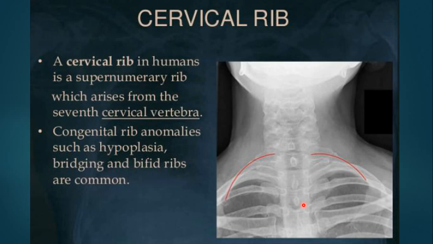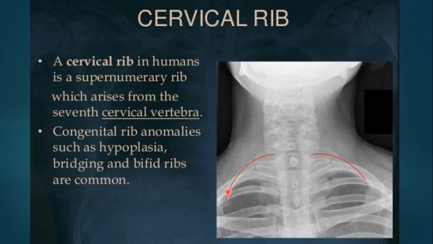Let's talk about cervical rib. What's a cervical rib? A cervical rib in humans is a supernumerary rib. It's an extra rib that arises from the 7th cervical vertebra. For example, here you can see this is the 7th vertebra, the C7, and there is a rib arising from it.